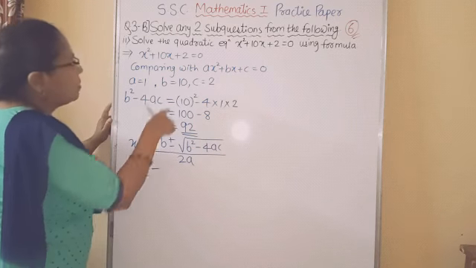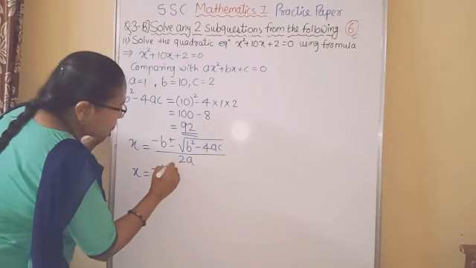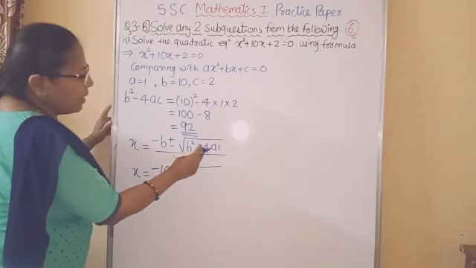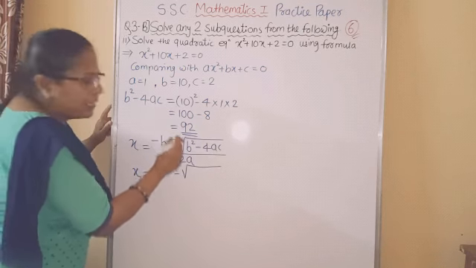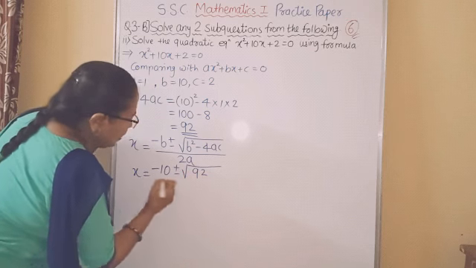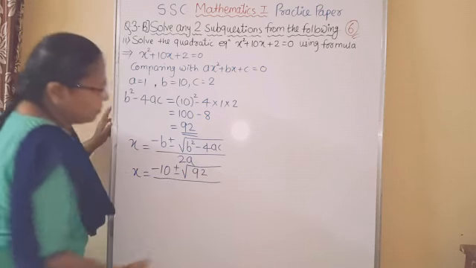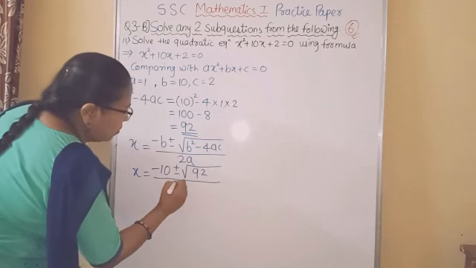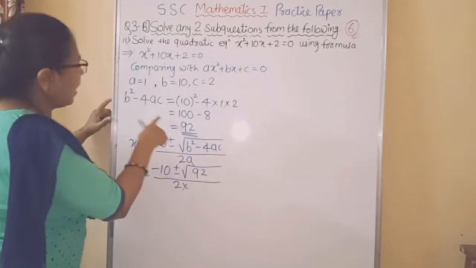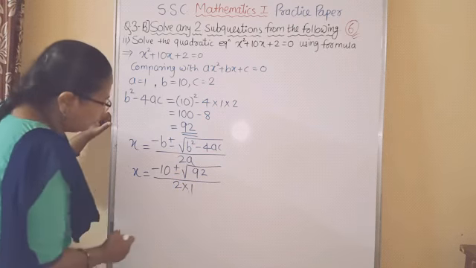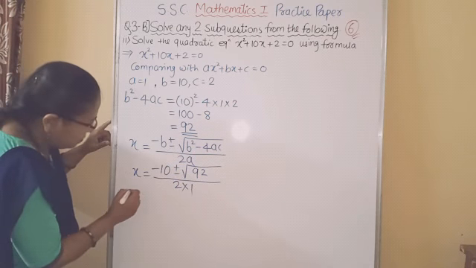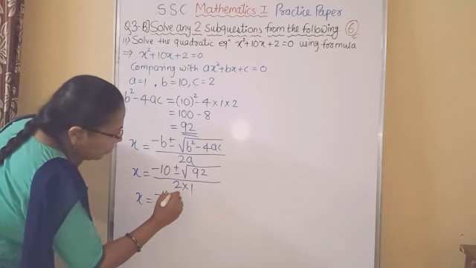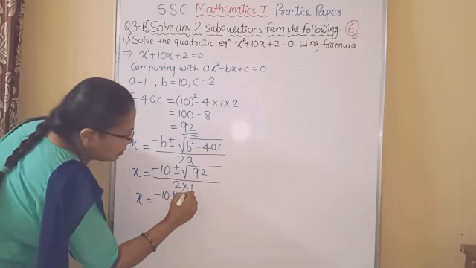Minus b is equal to minus 10, plus minus square root of b square minus 4ac, that value we got, 92. So substitute 92 here. Okay. Then upon 2a. So 2 multiplied by a. a is equal to 1. Therefore, x is equal to minus 10 plus minus.